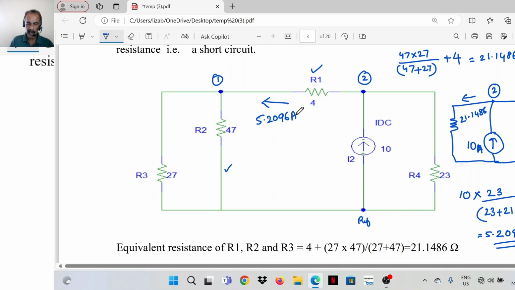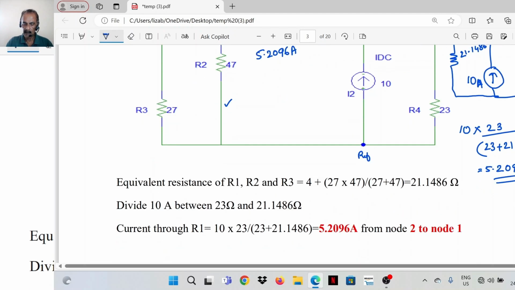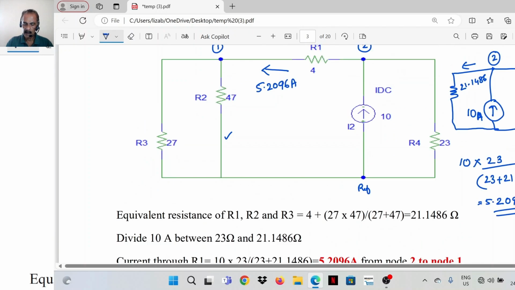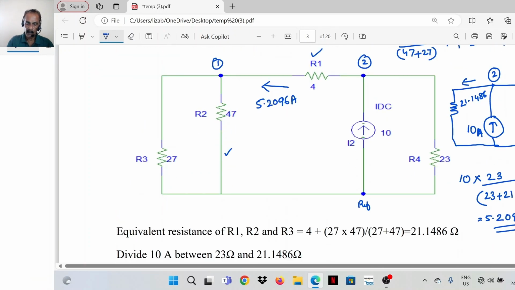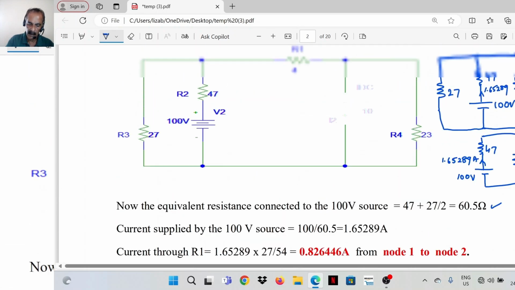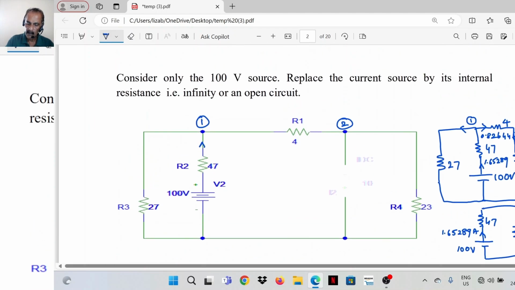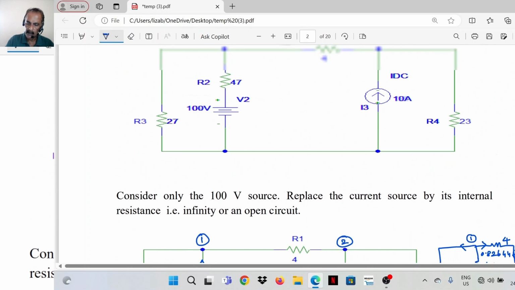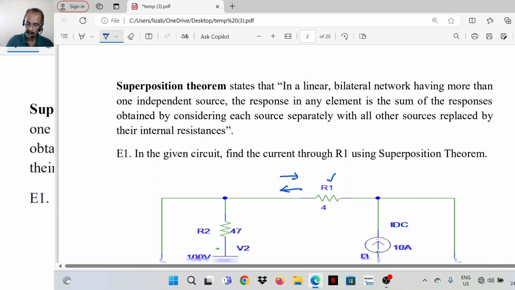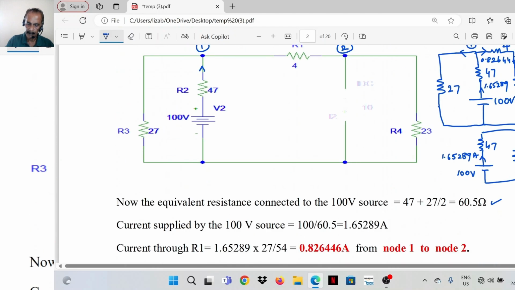So now if we add these two values of currents, we will get the net current. The current flowing through the opposite side is 0.82644 ampere.